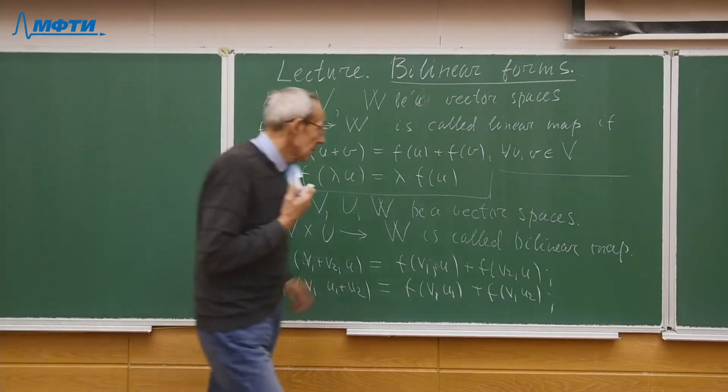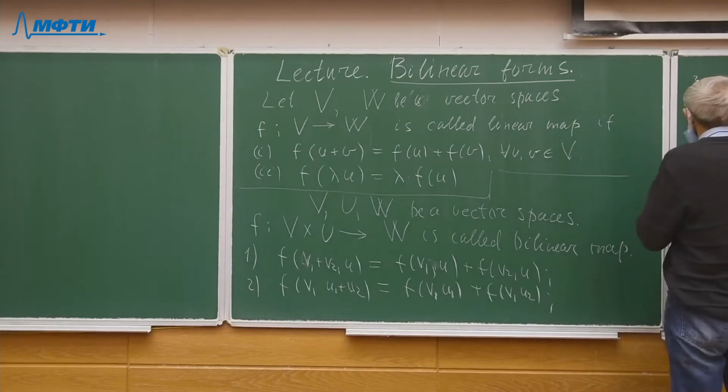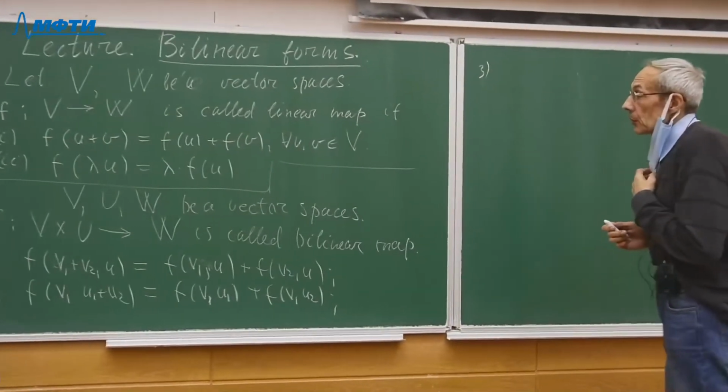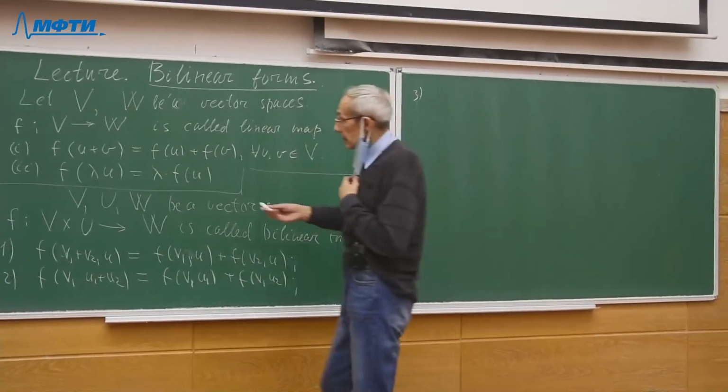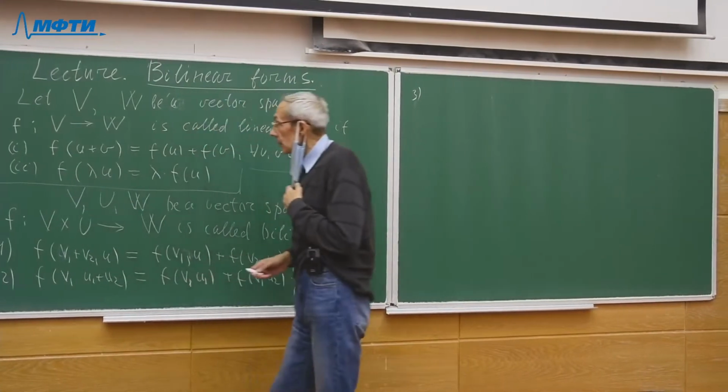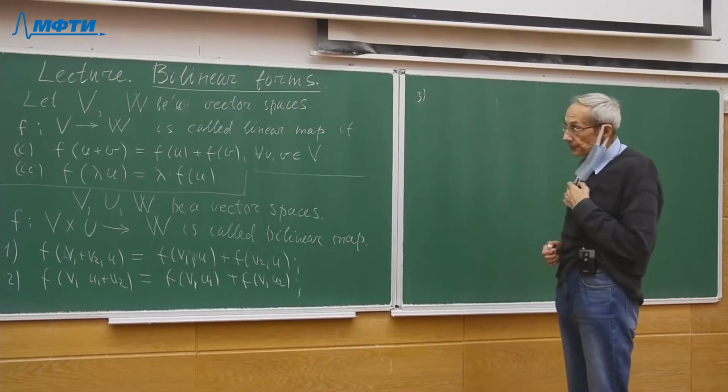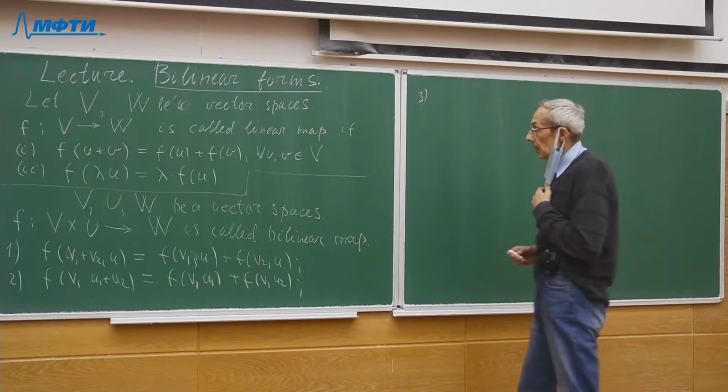In the same way, we have two conditions of homogeneity, analogs of item 2 from the definition of the linear map.